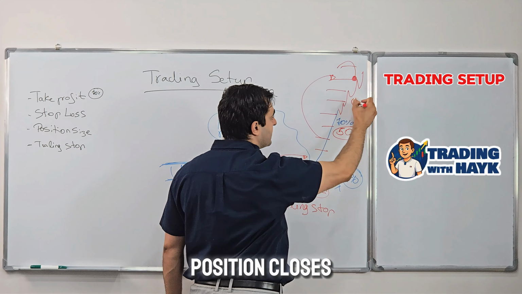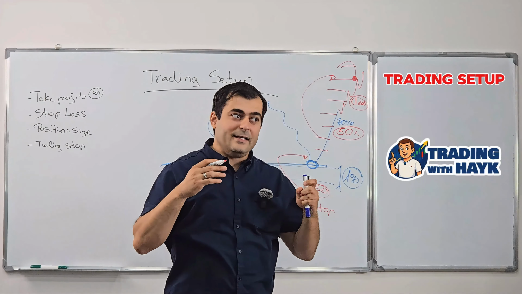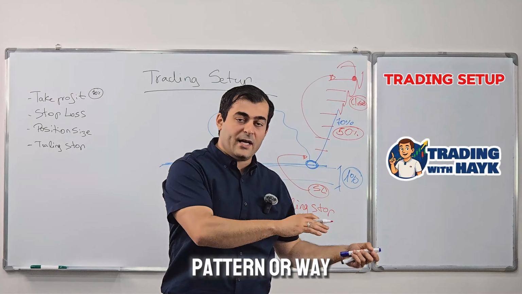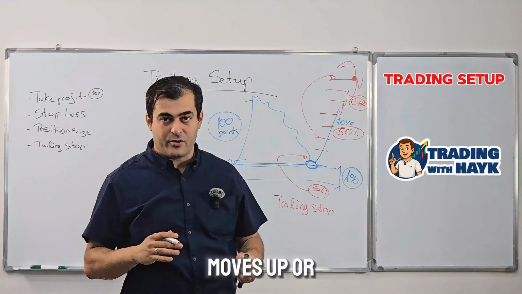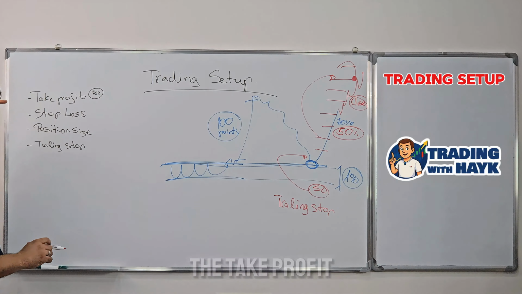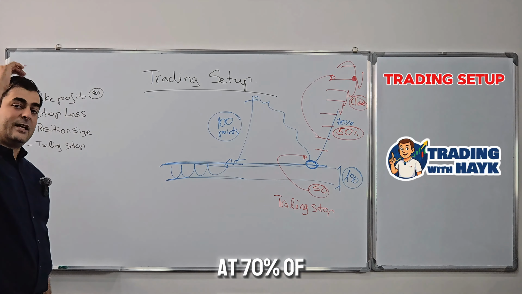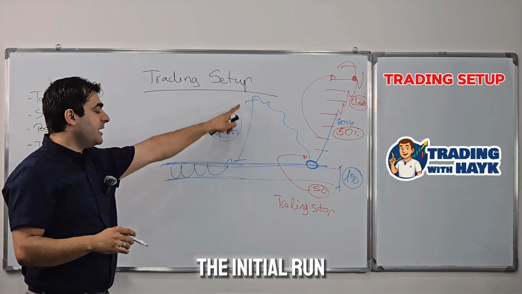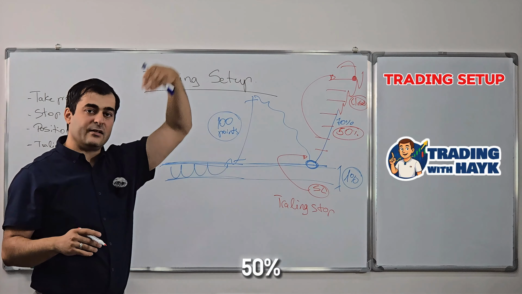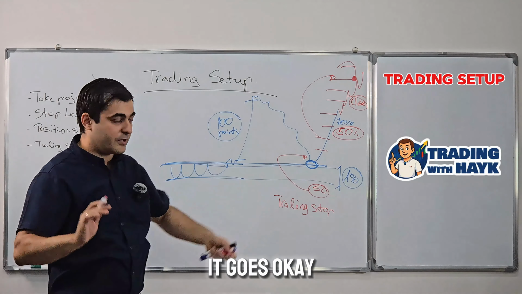And that's the beauty of the trailing stop, because the stop is moving automatically upside, downside, in the same pattern as the market moves up or down. That's super important. So remember that for the take profit, we take profit at 70% of the initial run, then the other 50%, we are going to leave it to go as far as it goes, okay?